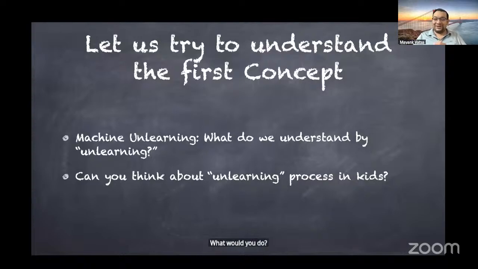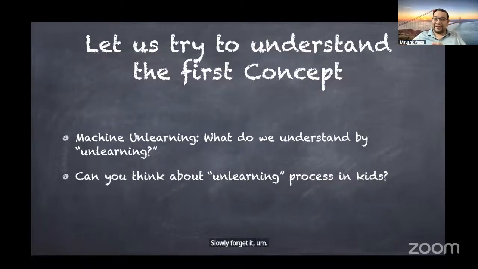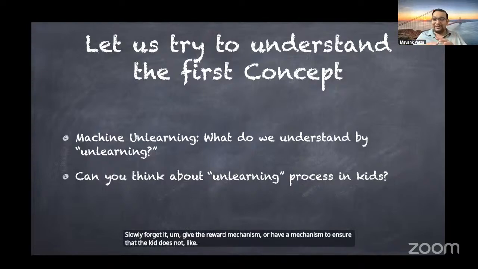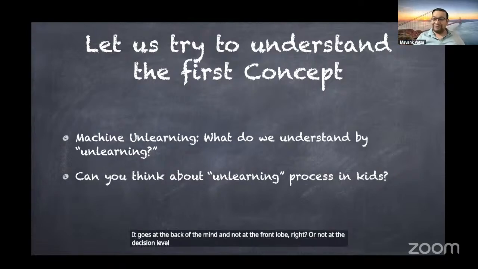Would you teach the kid to forget that slang word, give a reward mechanism to ensure it goes to the back of the mind and not at the decision level of processing in the brain?